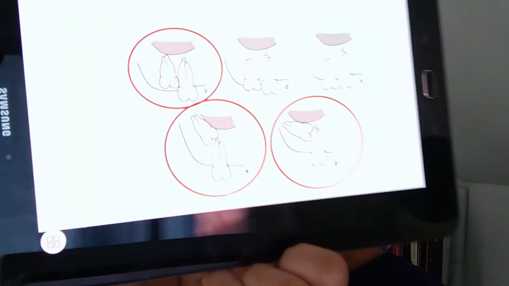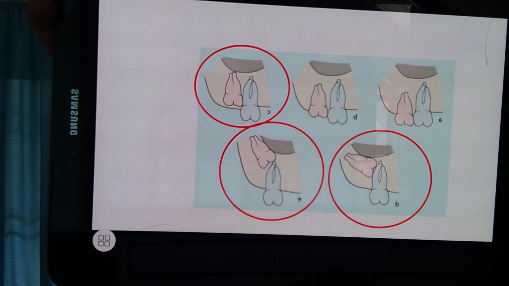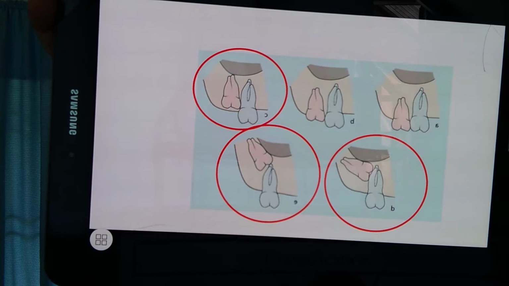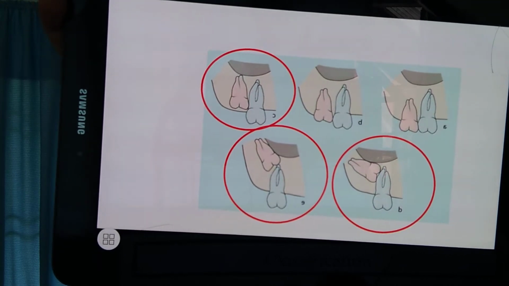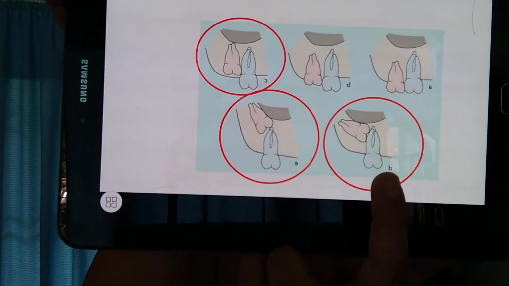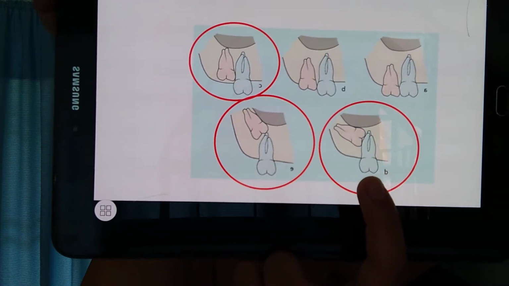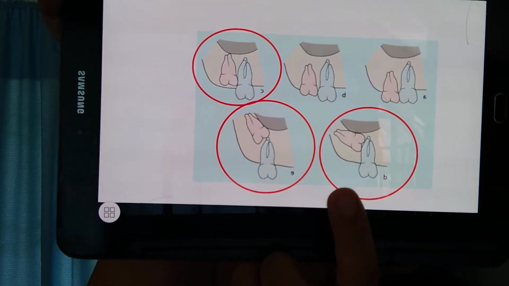And for the third classification, Class C, we have it here. For Class C, the occlusal surface of the crown of the impacted tooth is below the cervical line of the adjacent molar. For Class D, here, it is even deeper, contiguous or even above its root.